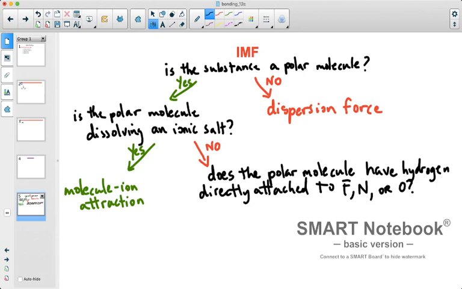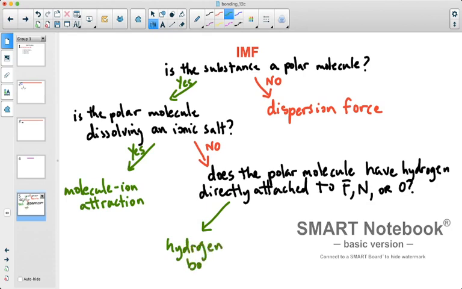This question is a really good question because when I answer yes, I have hydrogen directly attached to a fluorine, or I have hydrogen directly attached to nitrogen, or I have hydrogen directly attached to oxygen, then I know right away I have a hydrogen bond.